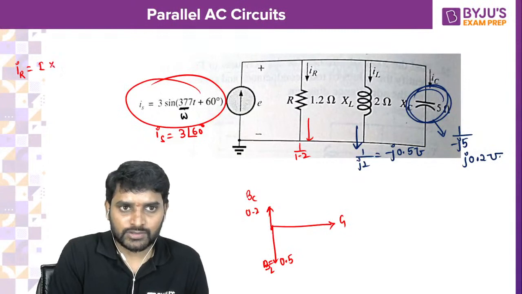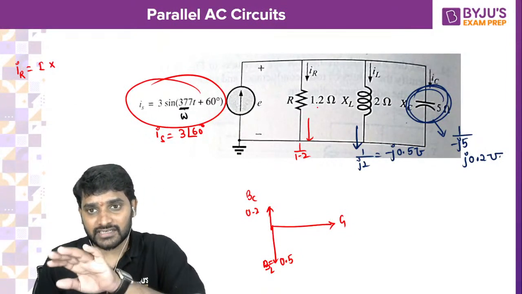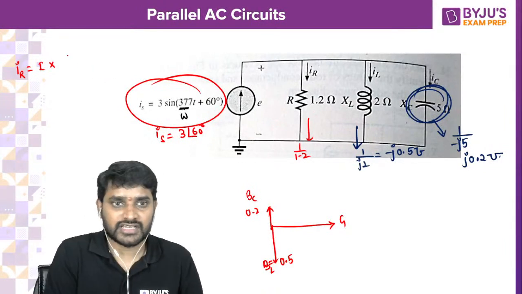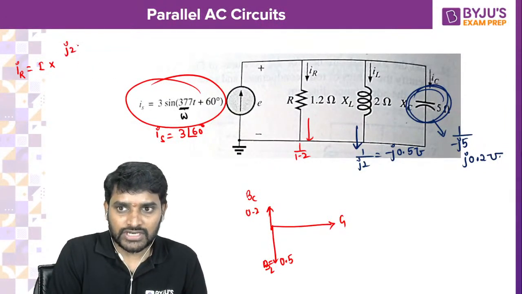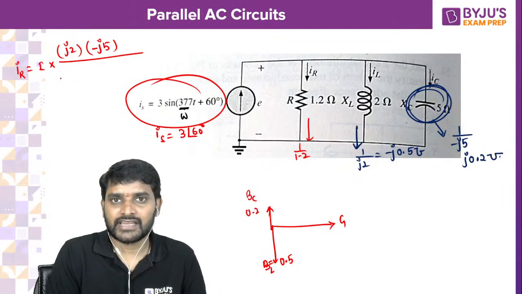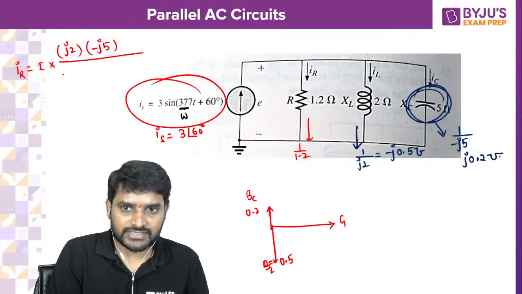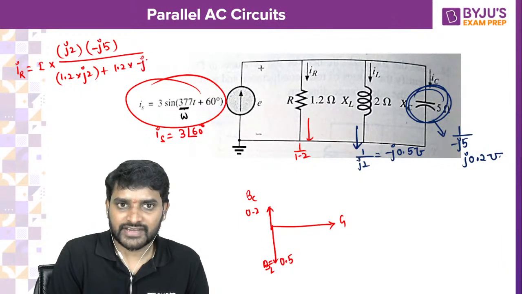So entering current into, for the current you want to calculate, IR, remove that resistance and take the other two: j2 into minus j5, divided by R1R2 plus R2R3 plus R1R3. So that is 1.2 into j2 plus 1.2 into minus j5 plus j2 into minus j5.